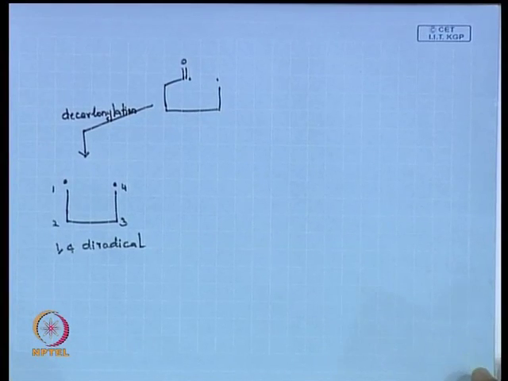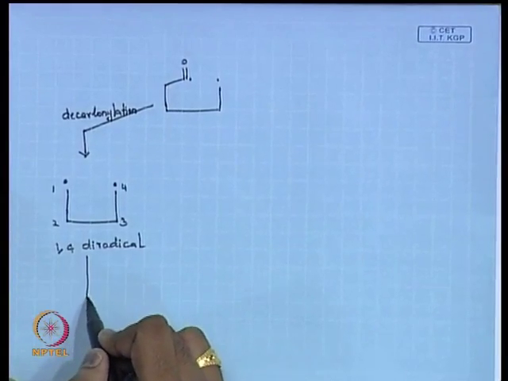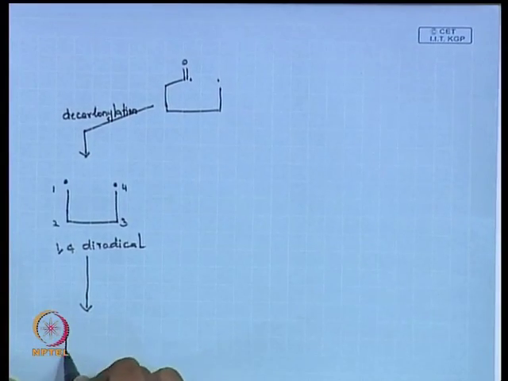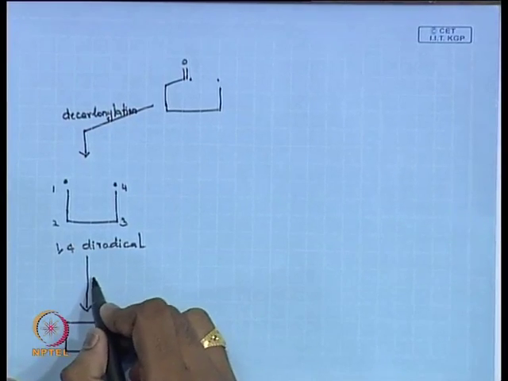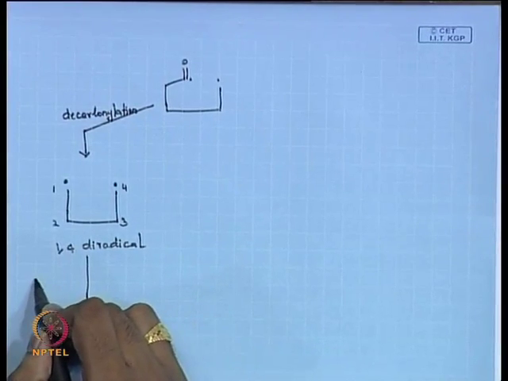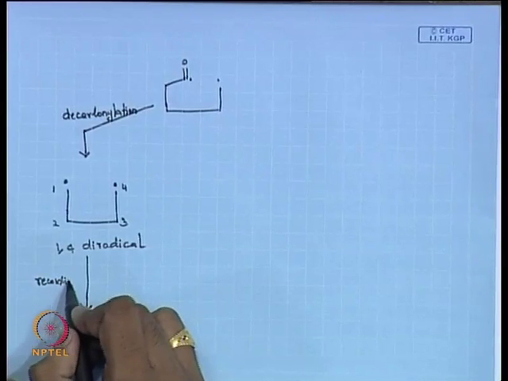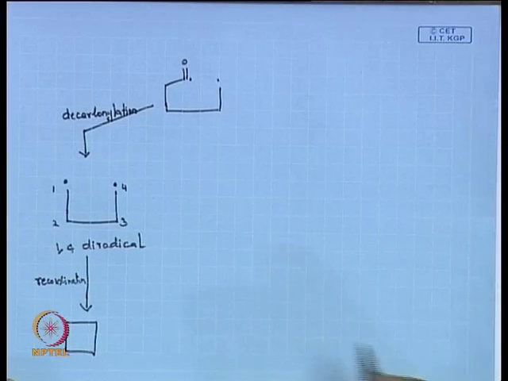Okay, what does a 1,4 diradical do? A 1,4 diradical does hydrogen abstraction. First thing, a 1,4 diradical tries to do your recombination to give you systems like this. Recombination is allowed. You call it recombination or you call it a cycloaddition.